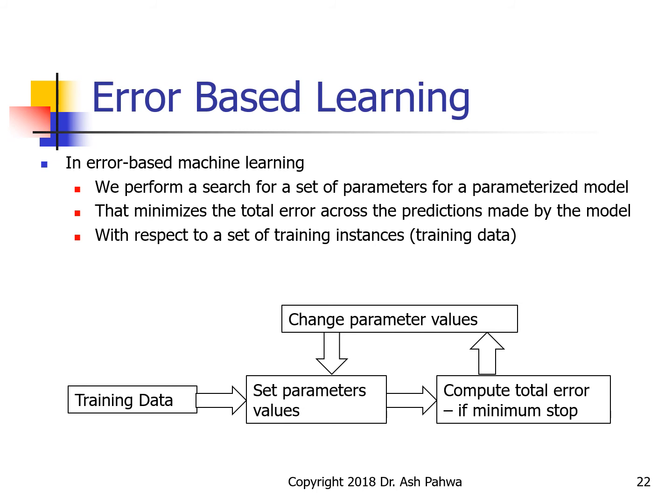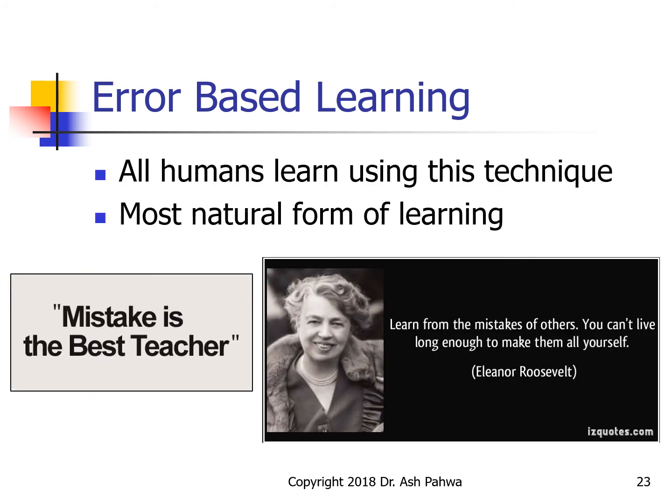In fact, this particular strategy of error-based learning is a strategy that all humans use to learn something. As you recall, when we were learning to ride a bike, we sat on a bike and sometimes we fell down, so that is an error. From there we learn something and then we try to improve it. So this is the most natural form of learning. As we all know, there is a proverb which says that mistake is the best teacher.